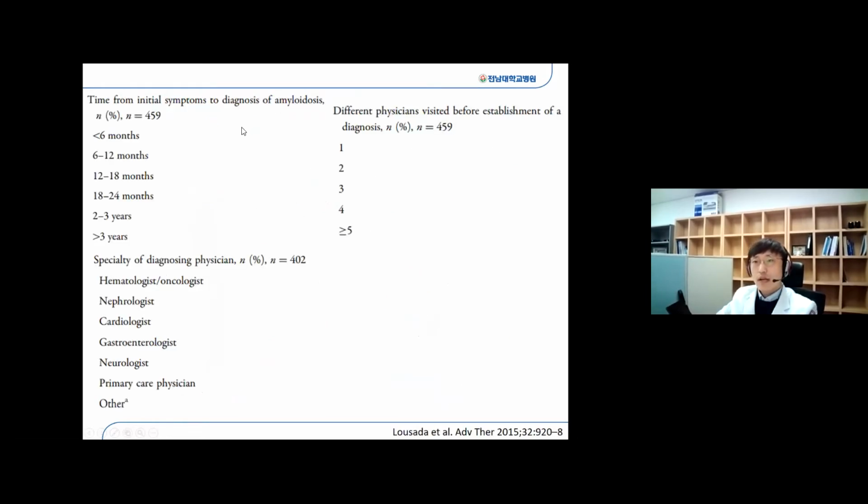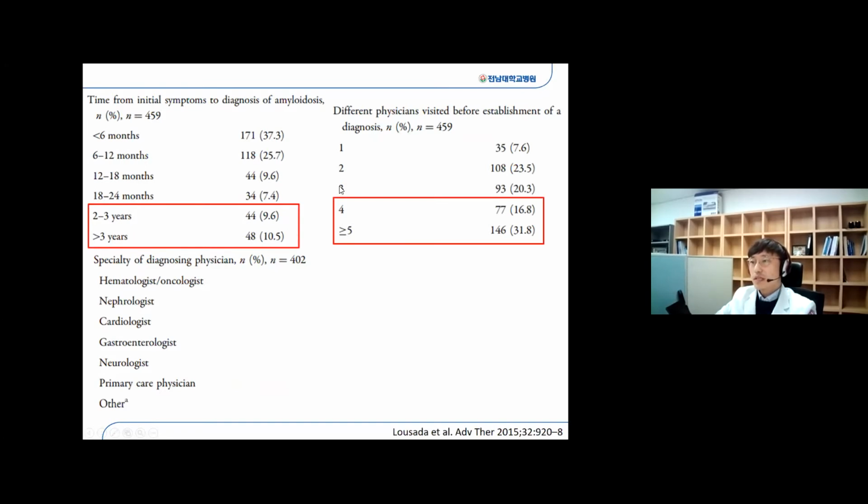It is quite striking when we look at the data from 2015, when patients had to wait even 2 or 3 years for the final diagnosis of cardiac amyloidosis in more than 20% of cases, and they had to meet 4 or 5 doctors to get the final diagnosis in more than half of the cases.